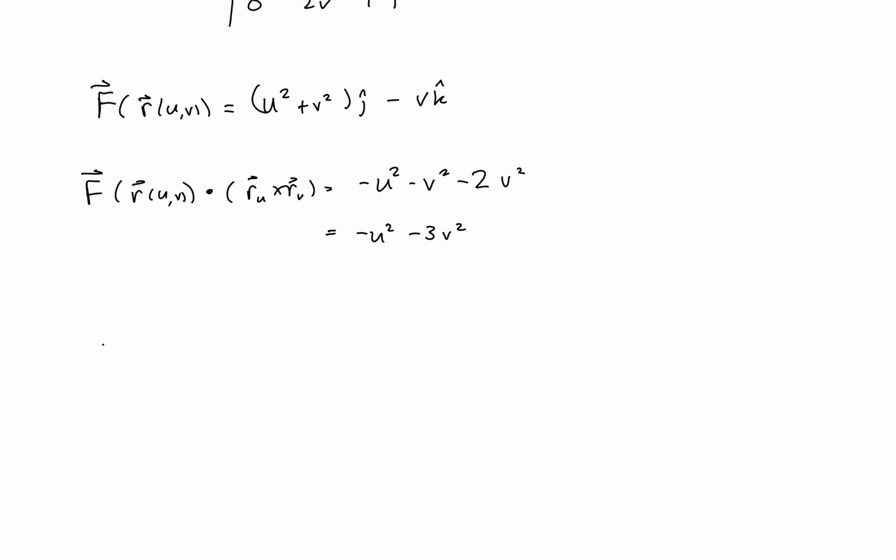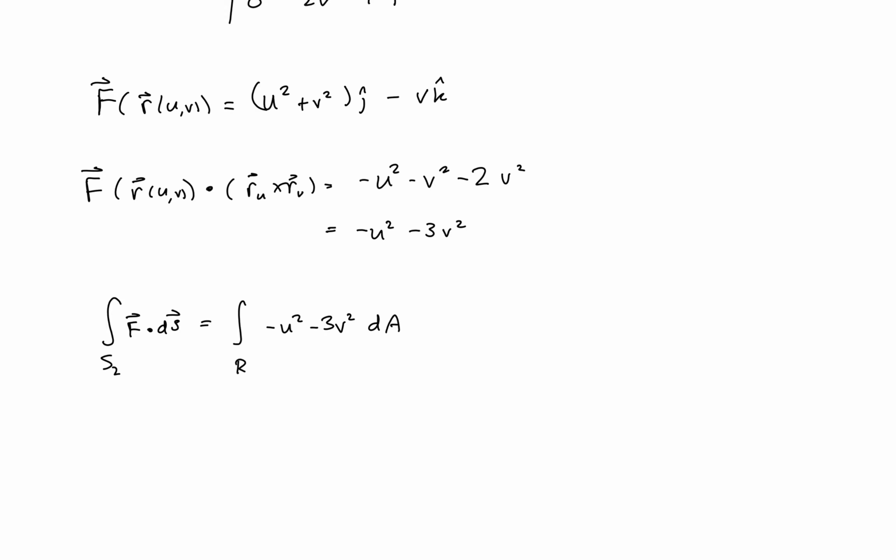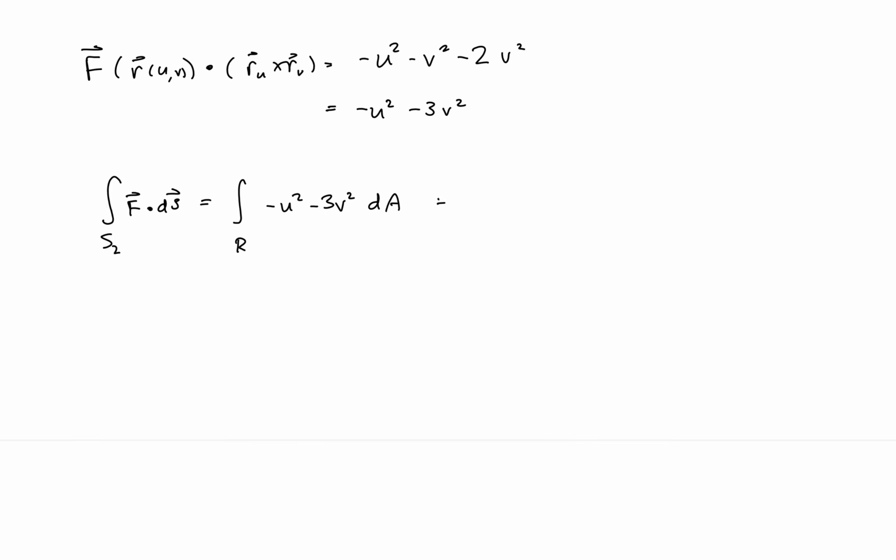So putting that together, we see the flux integral over S2 is the integral over R of minus u squared minus 3v squared dA. And this seems like a pretty good integral to use polar coordinates on, so let's do that.